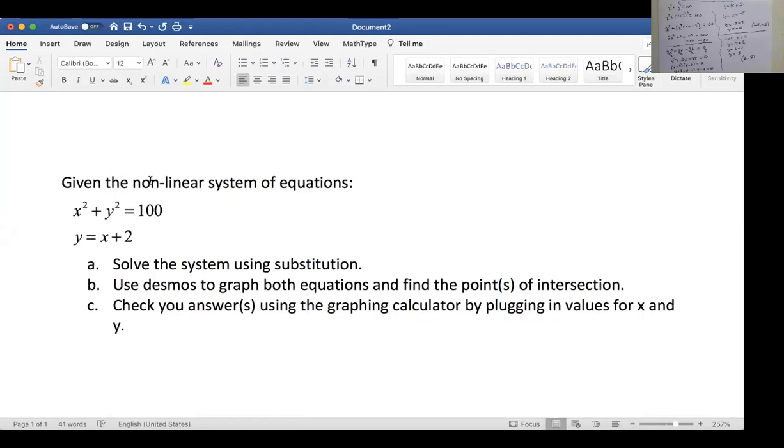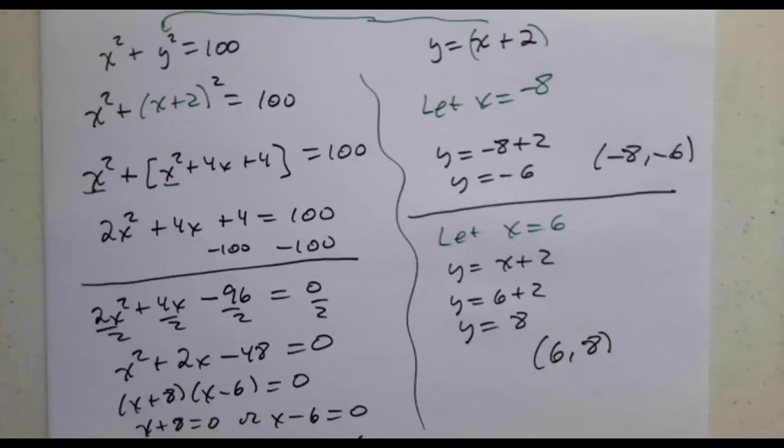So what does it say next? Use Desmos to check. So let's do that. Let's go to Desmos. We'll graph these two things and we will try to see them. So to Desmos I go, to check to see where the graphs are.